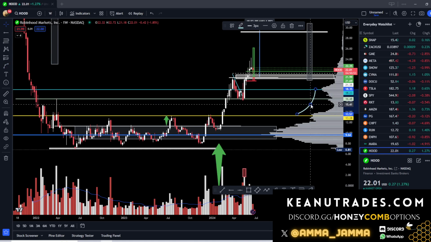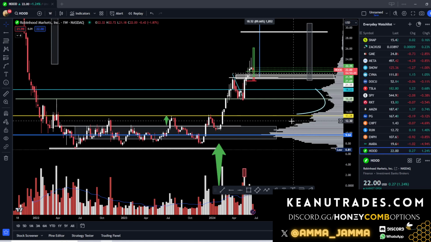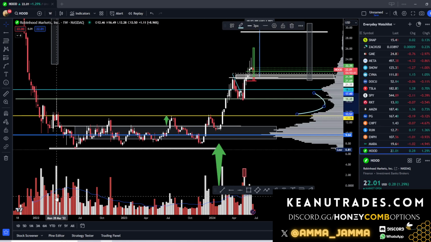We can see how it's coming back through here, which means less and less volume came to play at those points. What does that mean? That means these are areas where we expect high volatility, high and quick moves, whether it's a rejection or a continuation.